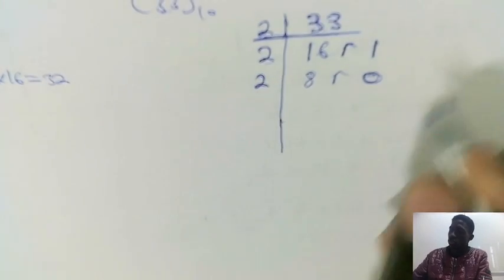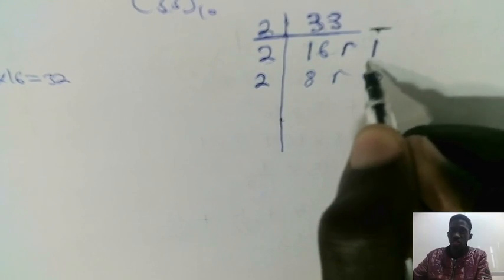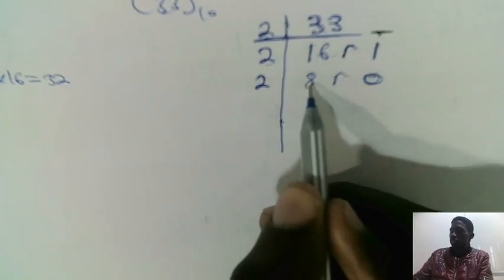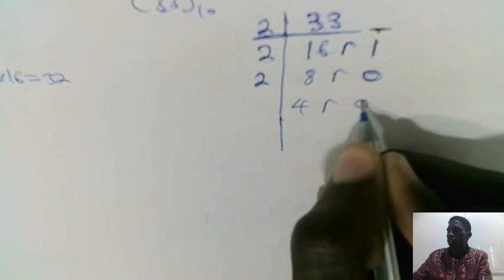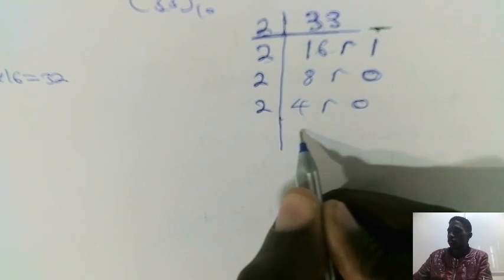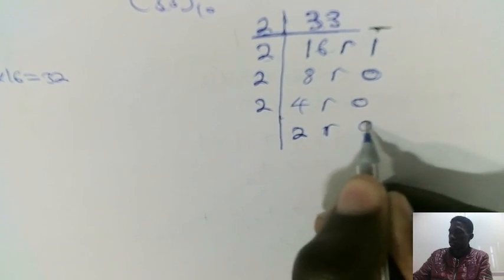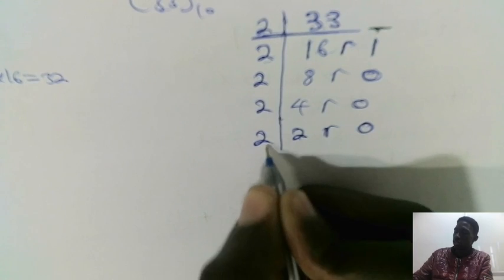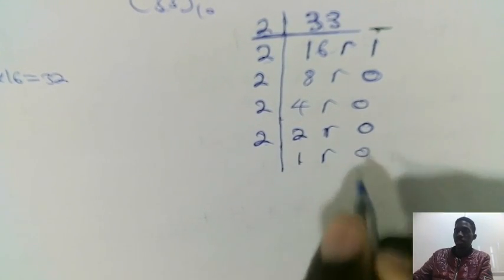So we're basically taking note of the remainders as we divide. When we divide 8 by 2, we have 4, and there is no remainder, it's perfectly divided. When we divide 4 by 2, we have 2, no remainder again. You divide 2 by 2, you have 1, and there is no remainder.